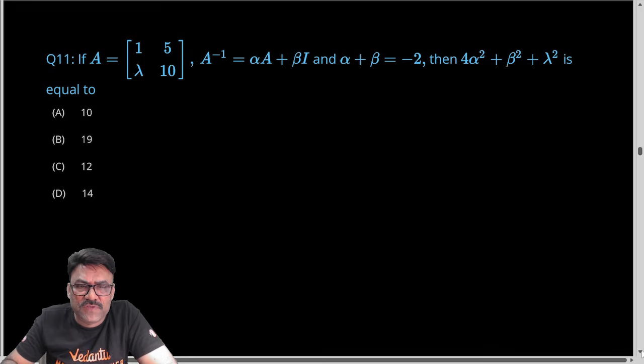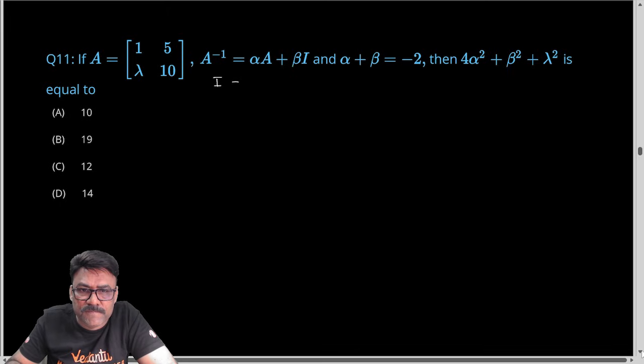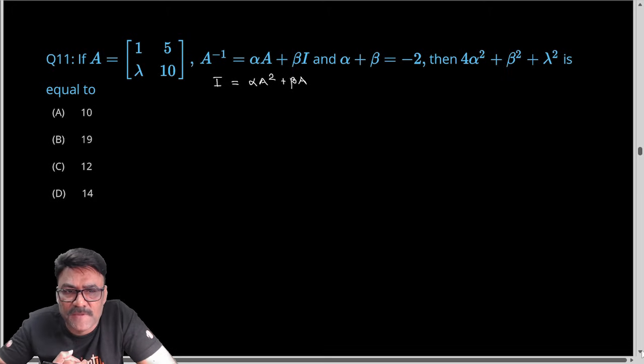So first this condition, A inverse is equal to alpha A plus beta I. If I multiply both sides by A here, this will become I is equal to alpha A square plus beta A.